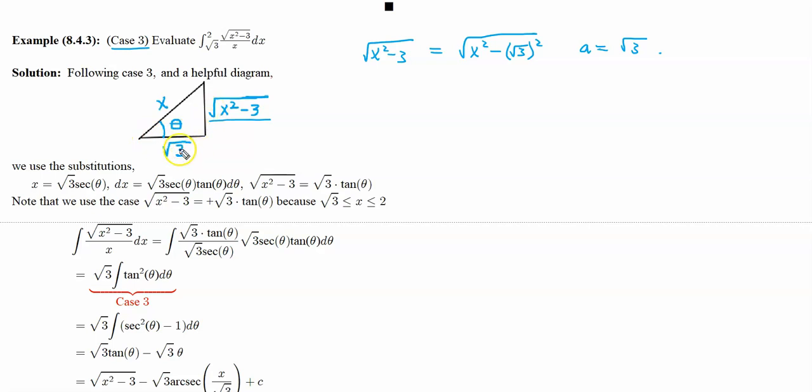You could choose the square root of 3 to be the other side, and then the square root of x squared minus 3 would be the adjacent side, so you could flip these. But the procedure would basically be the same, but instead of secants, you would have cosecants, and so we just choose to do it in this manner for consistency. So now you see that x over the square root of 3 is going to be the secant theta.